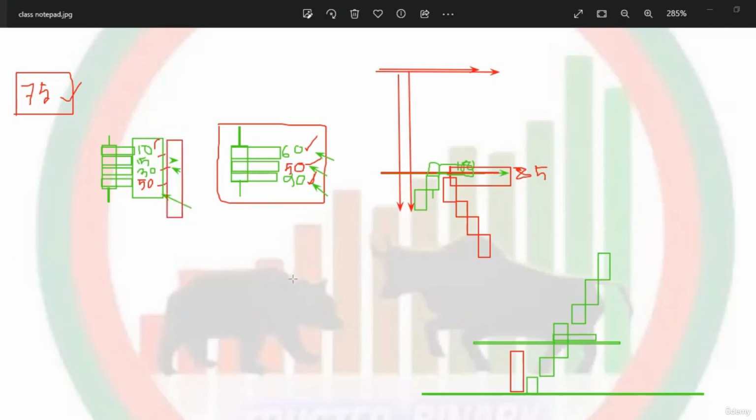I have observed many times that whenever small volumes have been created for a bullish candle or bearish candle, the next candle reverses.